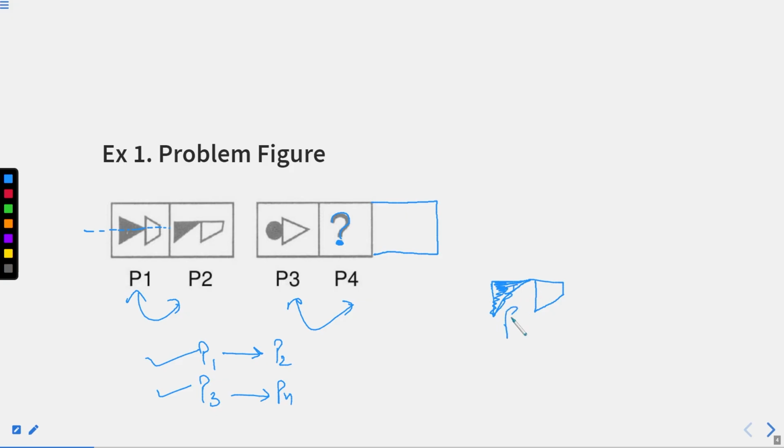Which is our P2. It means we just need to divide it by the horizontal line. If we draw a horizontal line here itself, right? So what kind of answer are we going to get? We are going to get an answer like this.